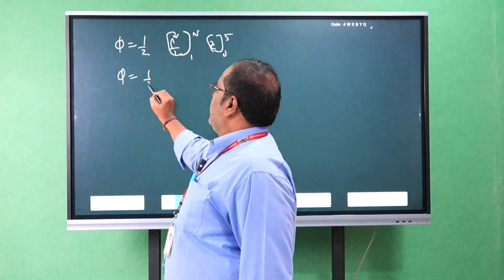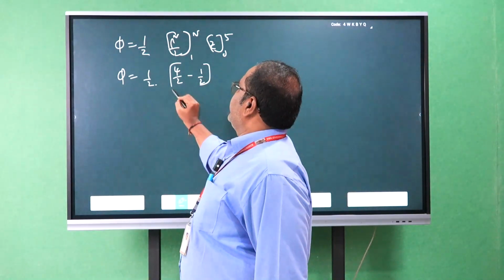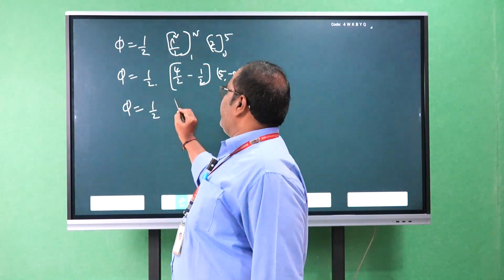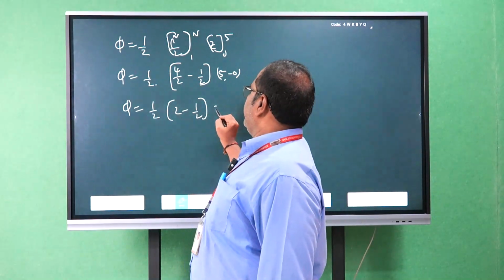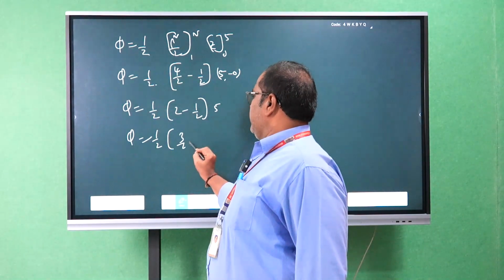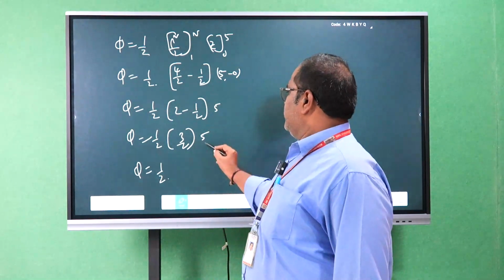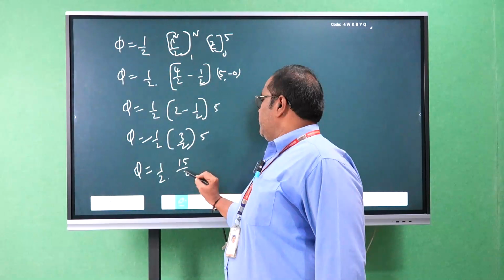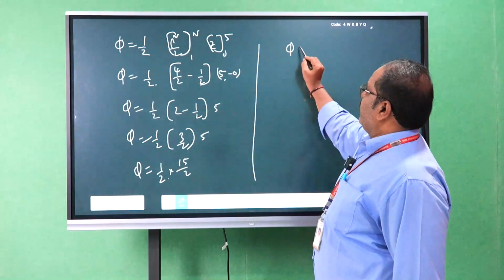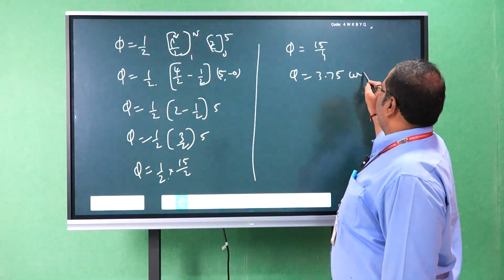Therefore, phi is equal to 1 by 2 times (4 by 2 minus 1 by 2) times (5 minus 0). Therefore, phi is 1 by 2 times 3 by 2 times 5. 5 threes are 15 by 2, so phi is equal to 15 by 4. Phi is equal to 3.75 Webers.